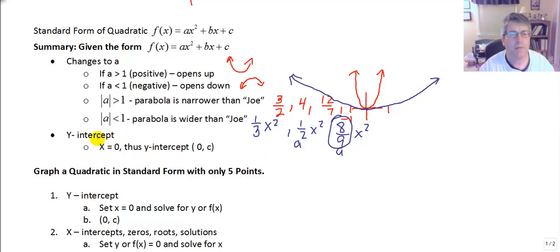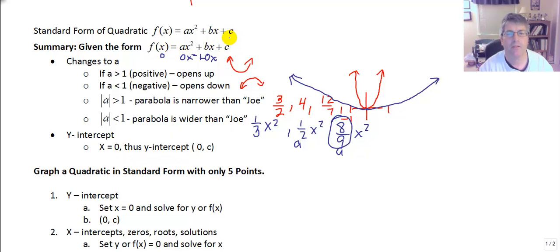And one nice thing about standard form is the y-intercept is always our constant. Remember, for the y-intercept, we set x equal to 0. If you look at standard form and put 0 in for x, then we have 0x squared and 0x, so our constant becomes our output.